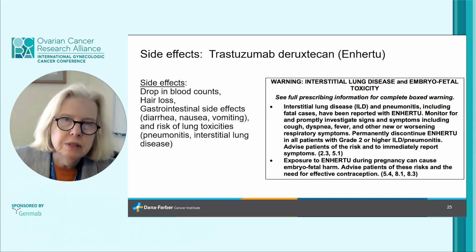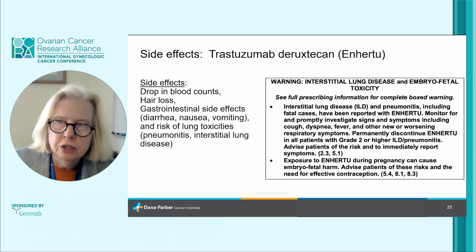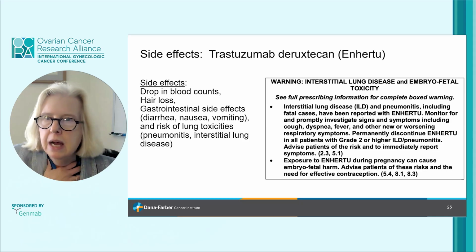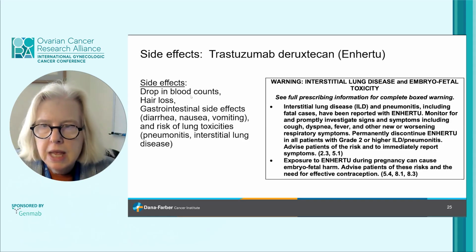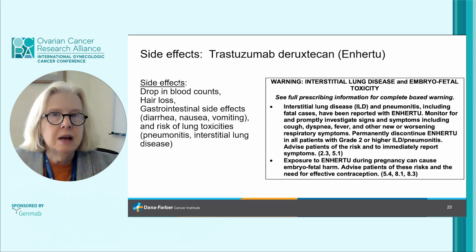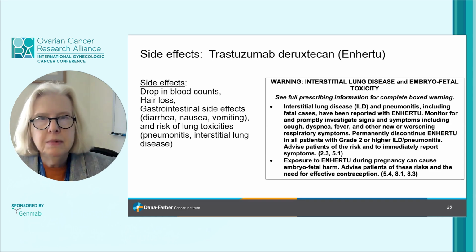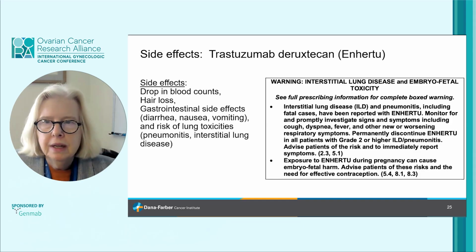I just want to point out side effects of Enhertu. It also has a black box warning on the right, but that black box warning is for interstitial lung disease and pneumonitis, so lung changes on chest CT scan. The side effects of Enhertu are, as I mentioned, drop in blood counts, hair loss. So it's a topoisomerase 1 inhibitor, so very much like Rinatabart with a topo 1 payload.